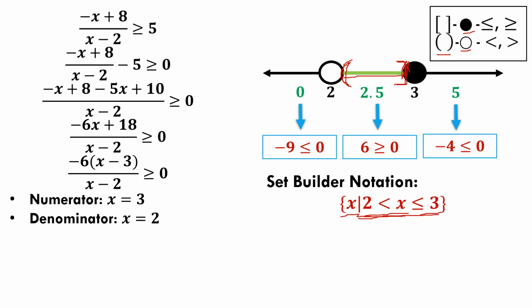Again, I will read the set builder notation. The set of all x such that x is greater than 2 and less than or equal to 3. That is how you read it. And for interval notation, nakita nyo na sa graph, nasulat ko na. So, paano yan siya? We have the answer 2 to 3.